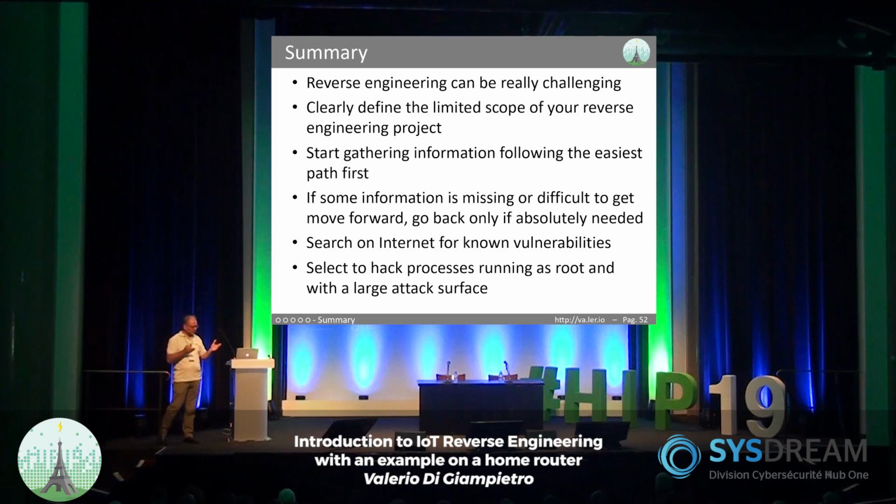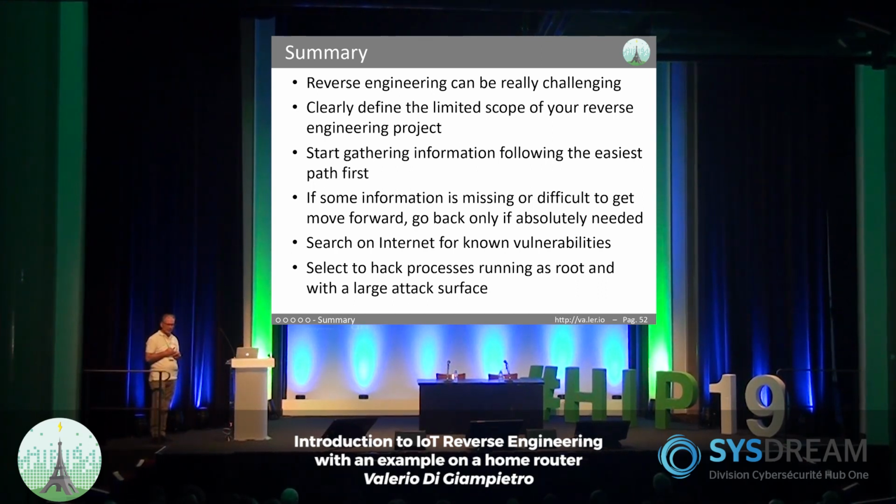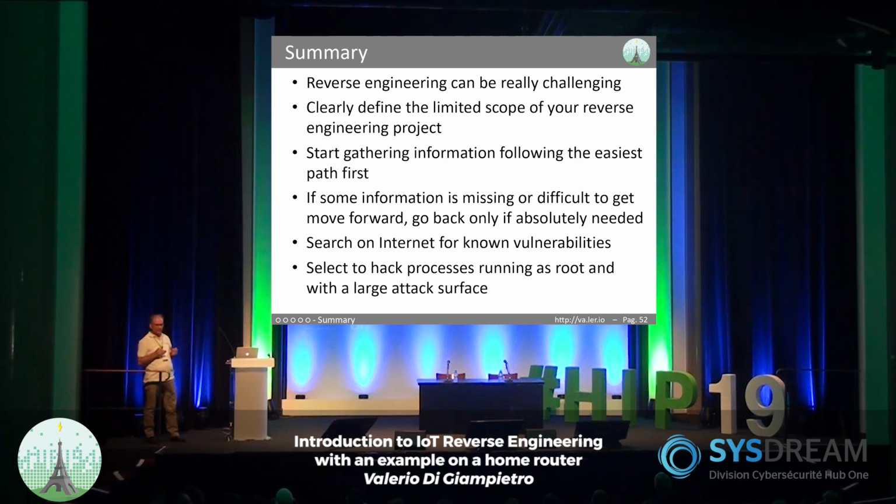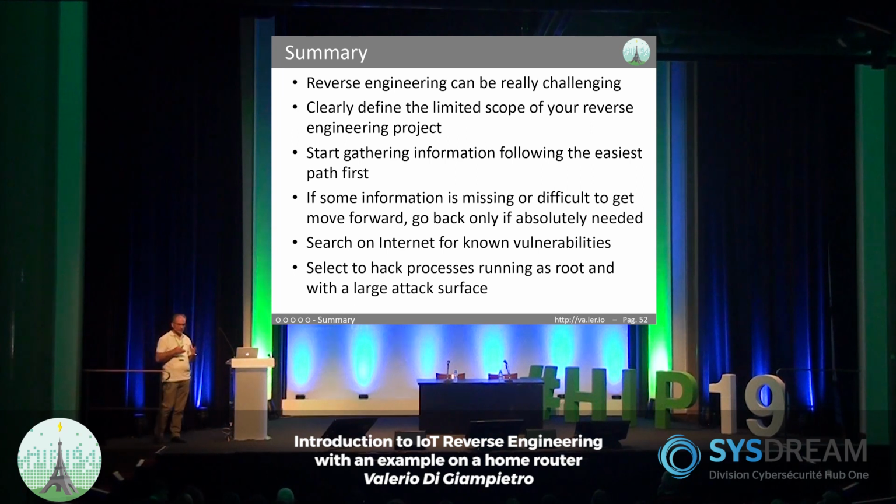So, in conclusion, we can say that reverse engineering can be really challenging. It is important to clearly define the limited scope of the reverse engineering project to remain focused on the target. It is important to start gathering information, always following the easiest path first. So if something is available on the internet, we can search for it.